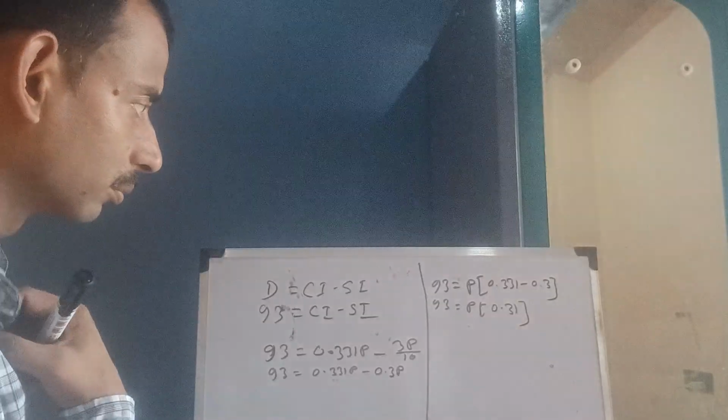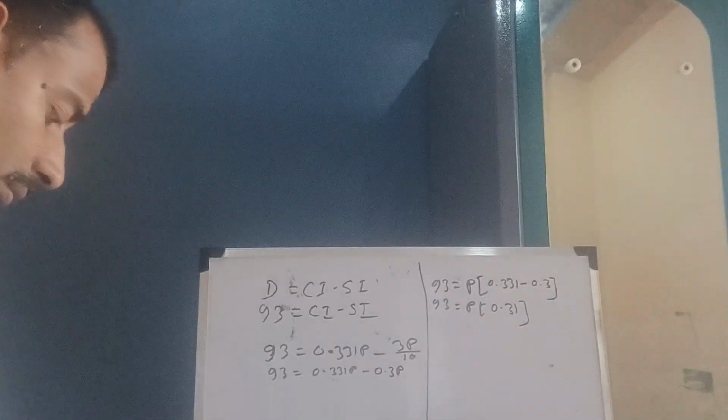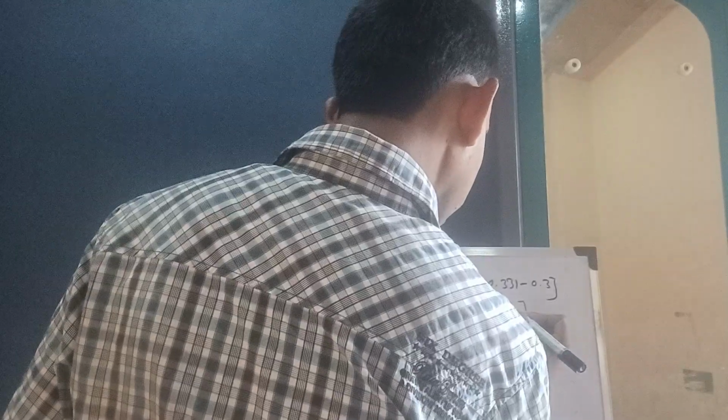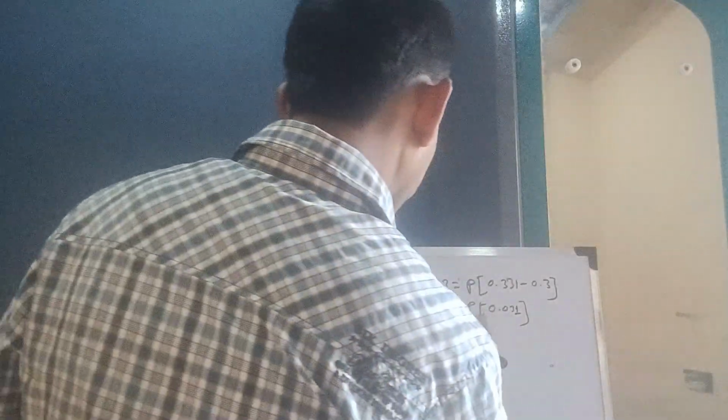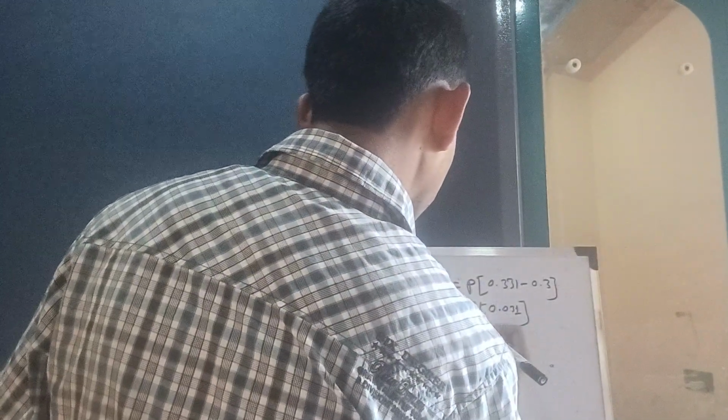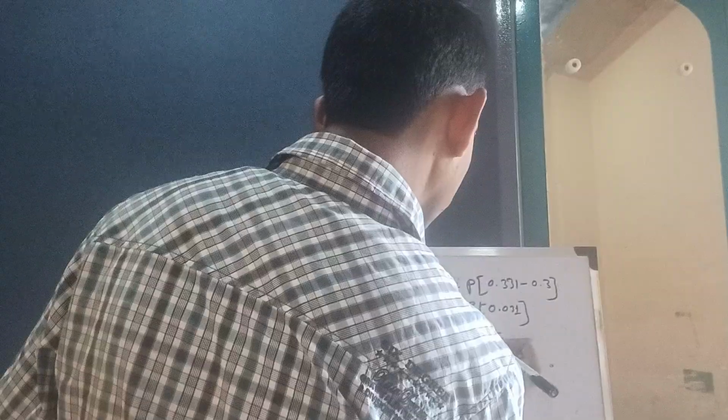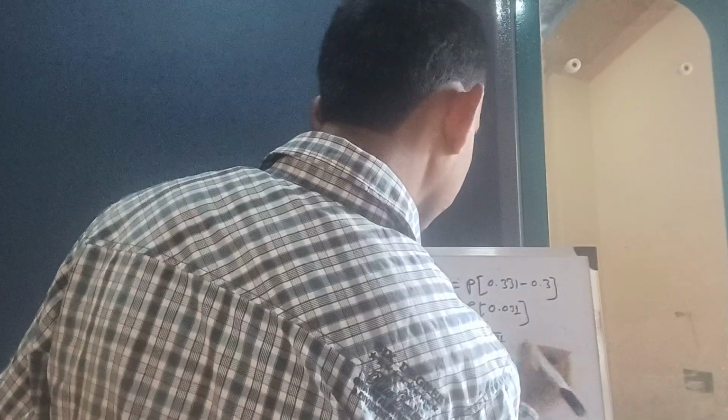So 93 equals P into, sorry, it would be 0.031. Okay, so P equals 93 by 0.031.